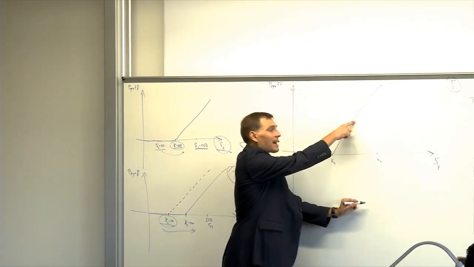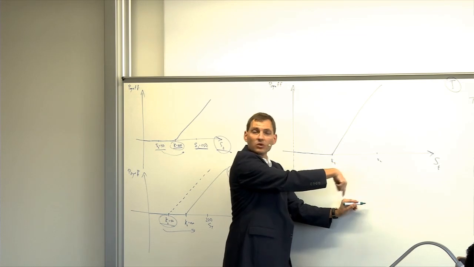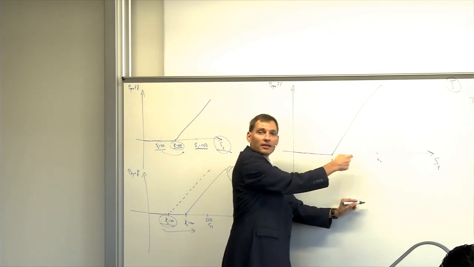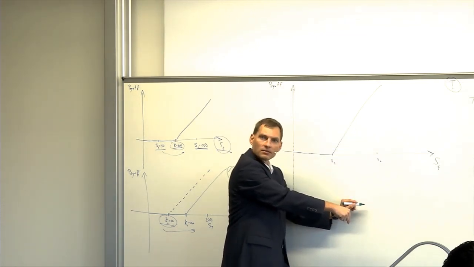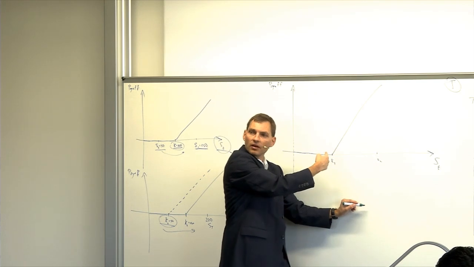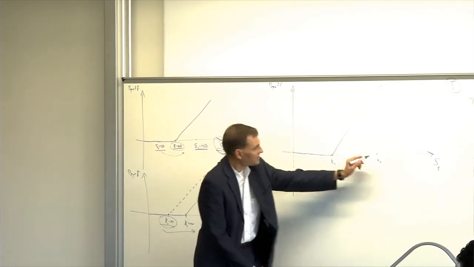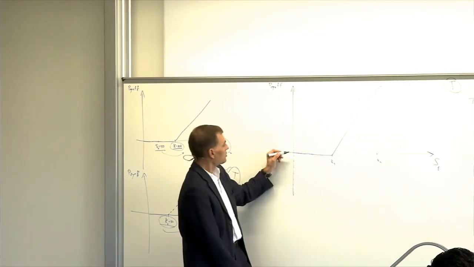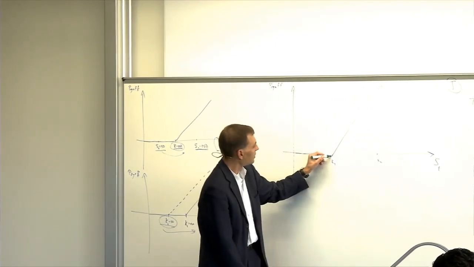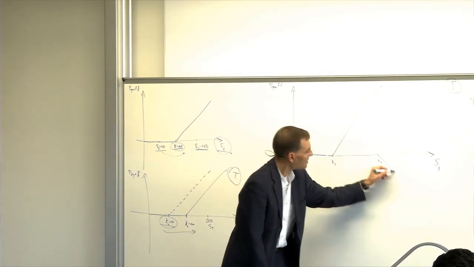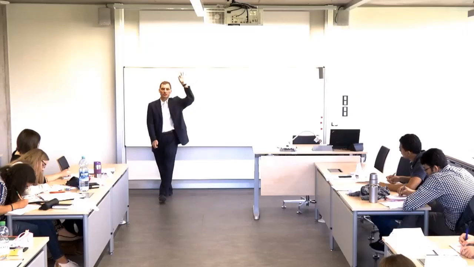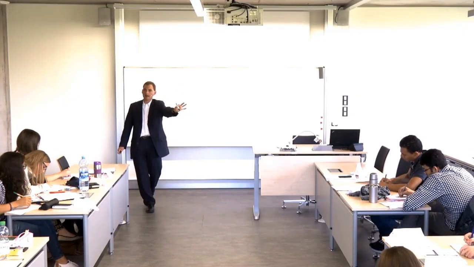Why? If this guy is making the profit, the short guy who is selling this option to him makes the loss. It's the opposite of this. But in this case, the short is for K2, so how does it look? Well, it's horizontal, and then, because it's a short option, it goes down with slope 1.